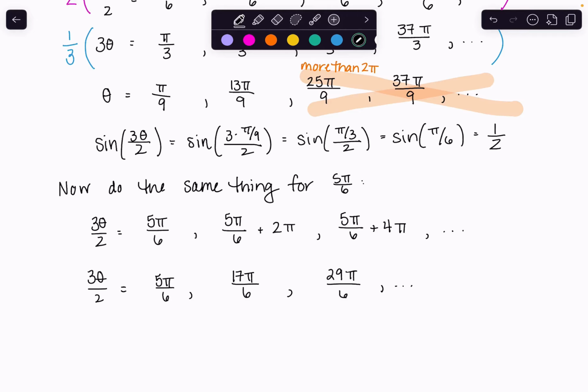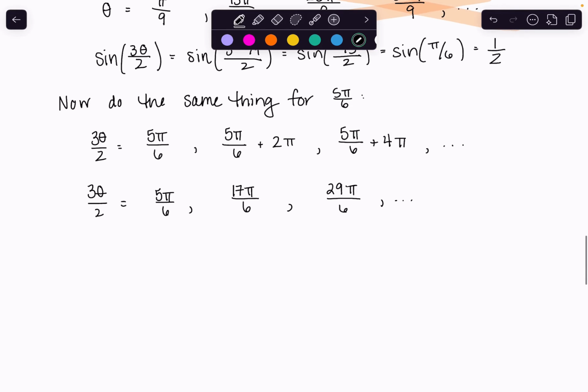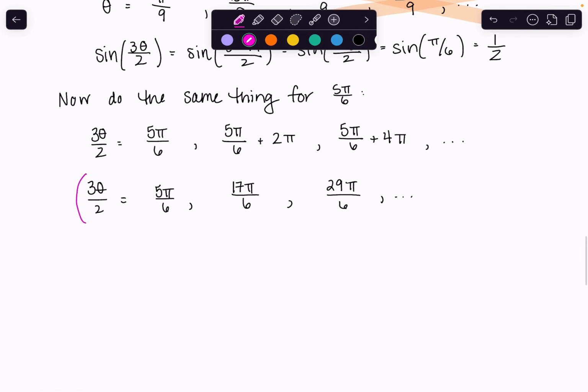Okay. Then I just need to solve for theta, so same directions. I go ahead and I multiply by 2. That will get rid of this, and it turns all of the 6's into 3's. So we get 3 theta is 5 pi over 3, 17 pi over 3, 29 pi over 3, and then it keeps going.